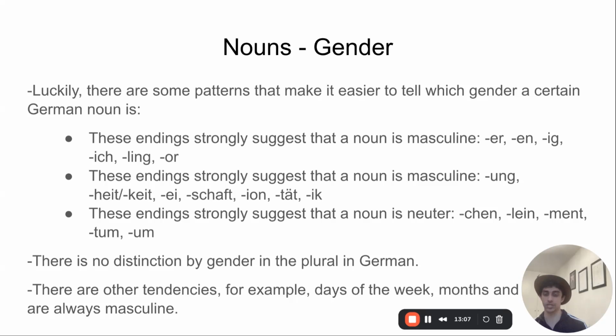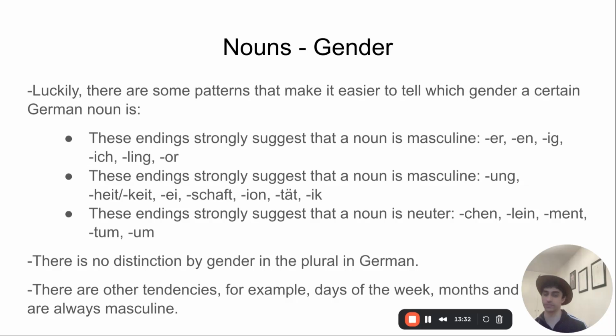Other endings strongly suggest that a noun is feminine. That should definitely say feminine rather than masculine for the middle line. These endings are UNG, HEIT, KEIT, EI, SCHAFT, ION, TÄT, and IK.